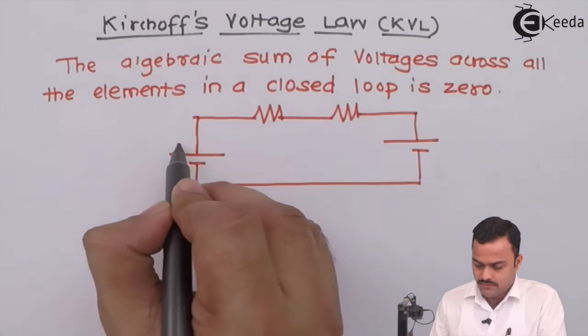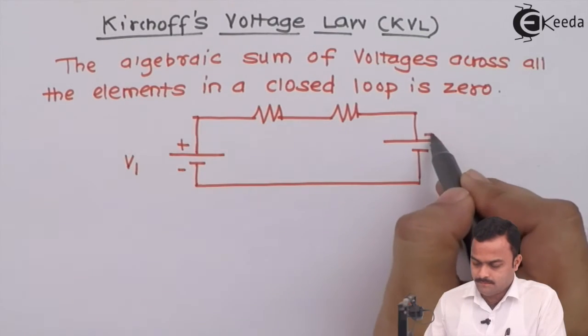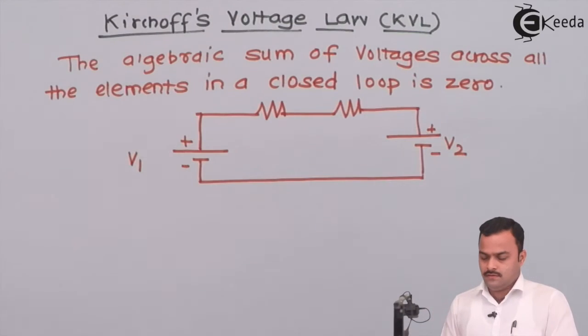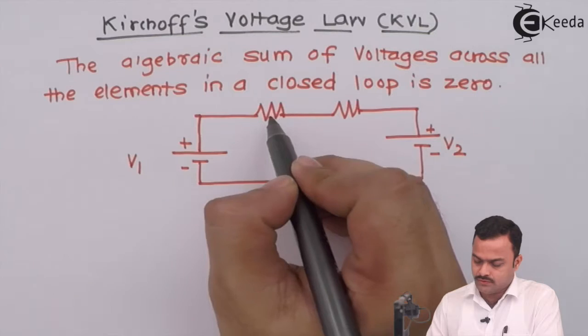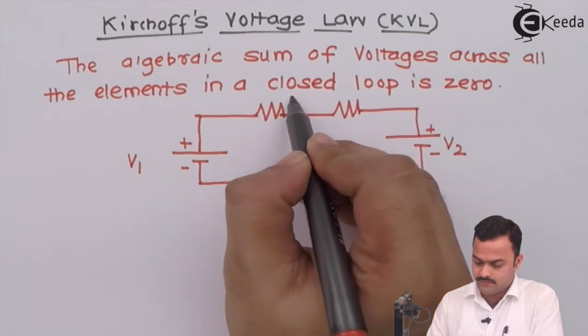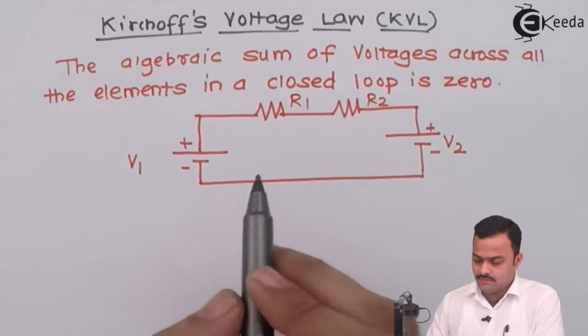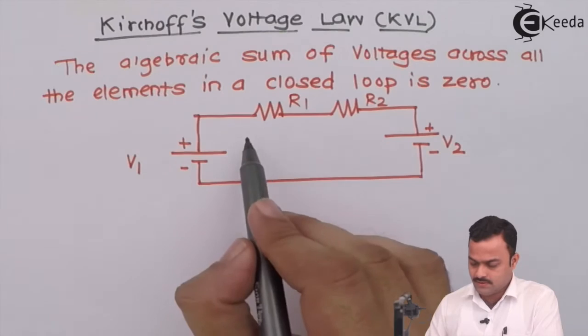So over here I will have two voltages, V1, V2. So here we have two voltage sources V1 and V2 with two resistances connected in series, R1, R2. Being a closed loop, there will be a current flowing in the circuit.